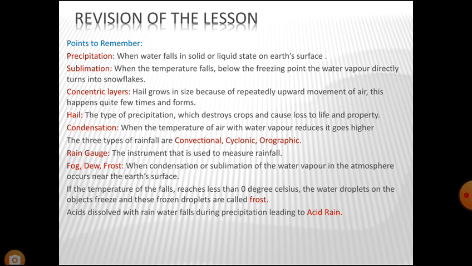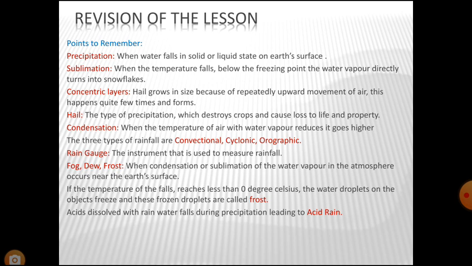Concentric layers: hail grows in size because of rapid upward movement of air, and this happens quite a few times. Hail is the type of precipitation which destroys crops and causes loss to life and property.